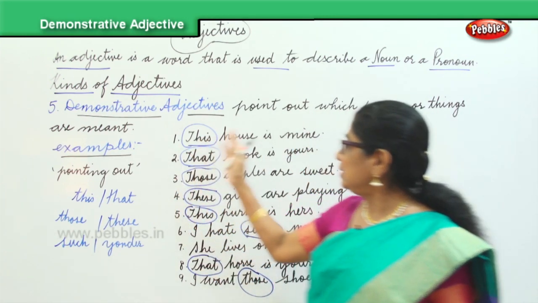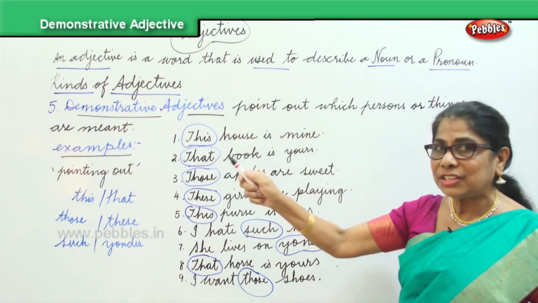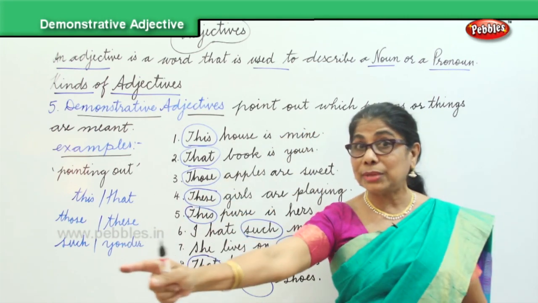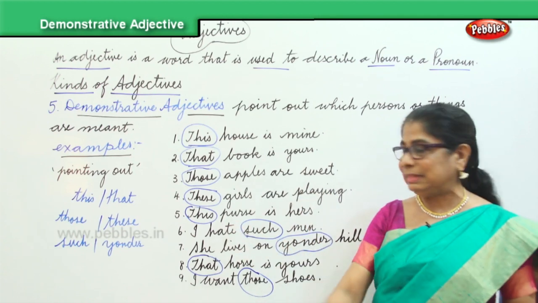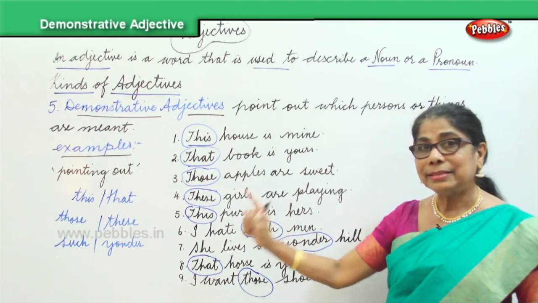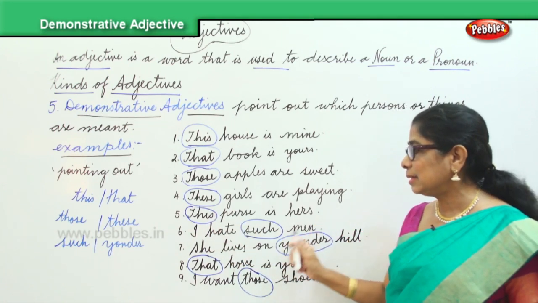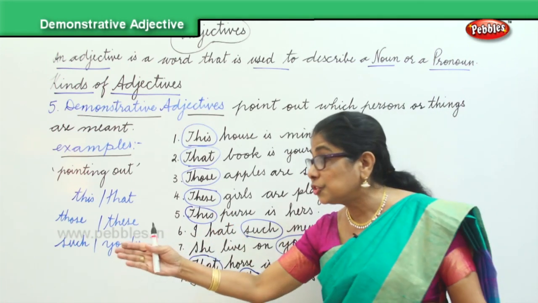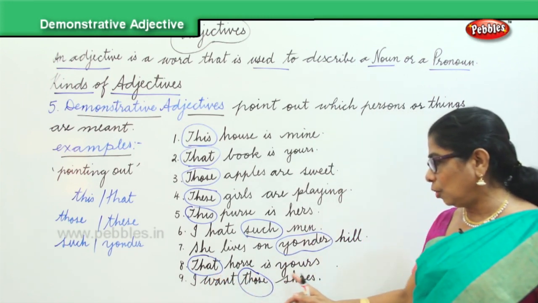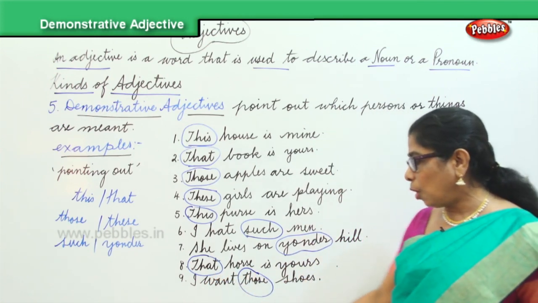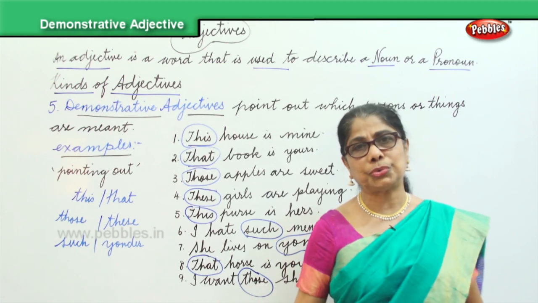So, this house is mine. That book is yours. Those apples are sweet. These girls are playing. This purse is hers. I hate such men. That horse is yours. I want those shoes.